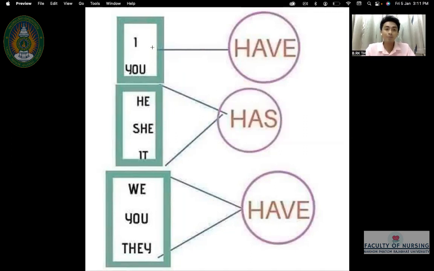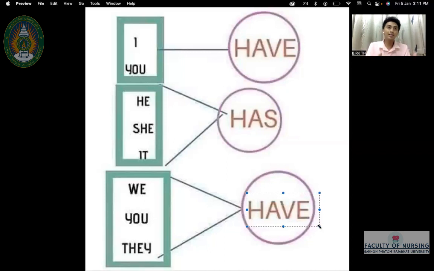And now if you want to describe a lot of people, you can use have. They have what? They have food. You can say that. You cannot say they has. Because they is plural, and if you want to use a verb with a plural, you need to use the word have.